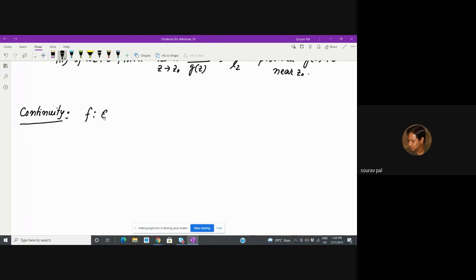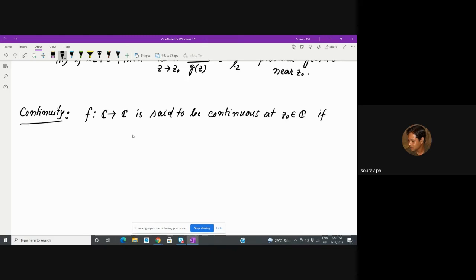So f from C to C is said to be continuous at some z0. We know the definition.